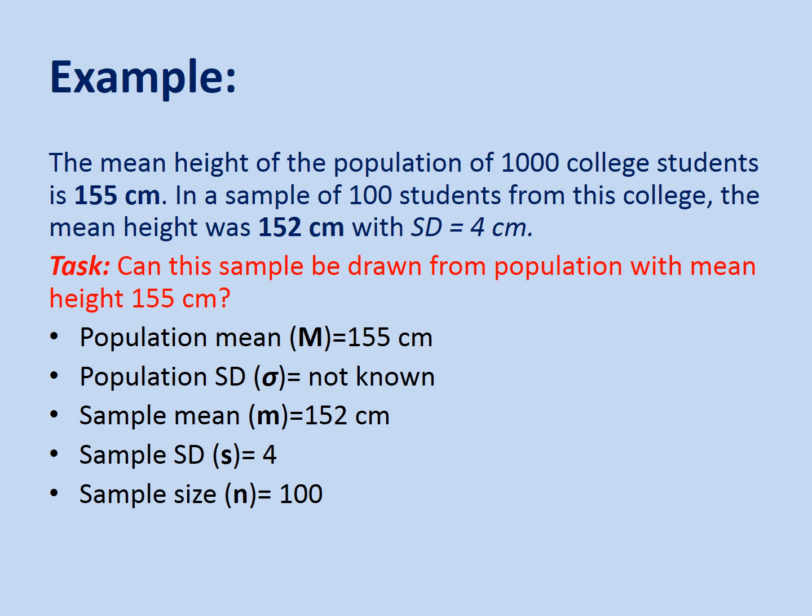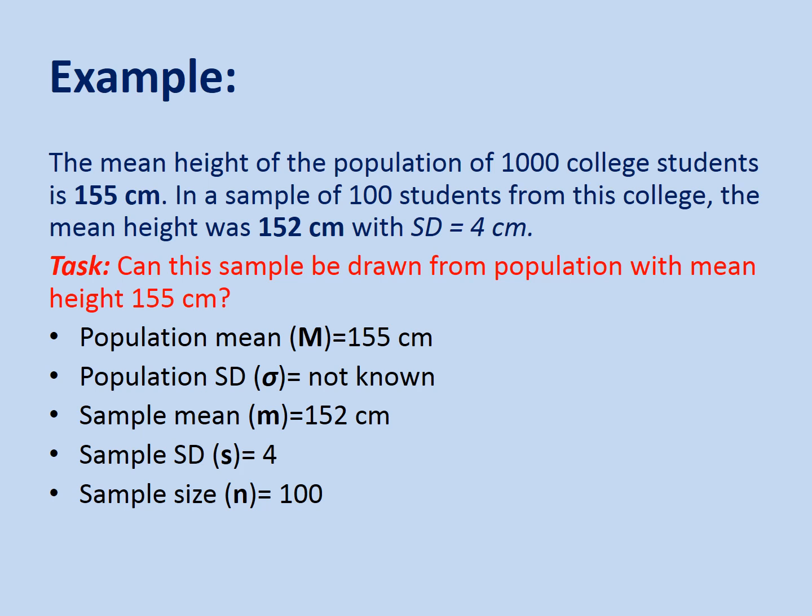As I explained in the earlier slide, let's understand with actual numbers. The example in the question is: the mean height of the population of 1000 college students is 155 centimeters. So here is the population of 1000 college students and the mean height is given. This is the first situation as I explained in the previous slide.